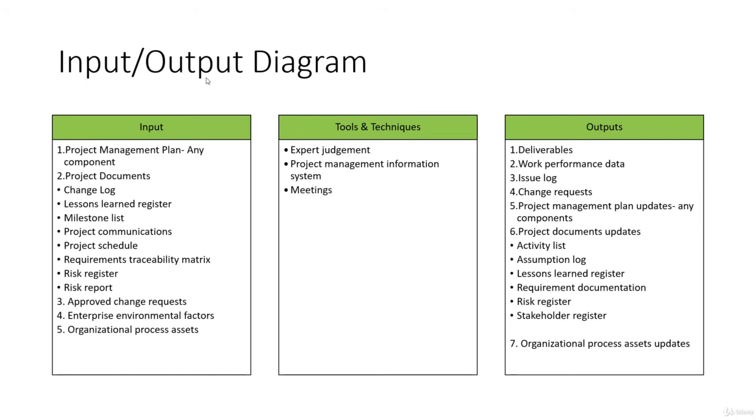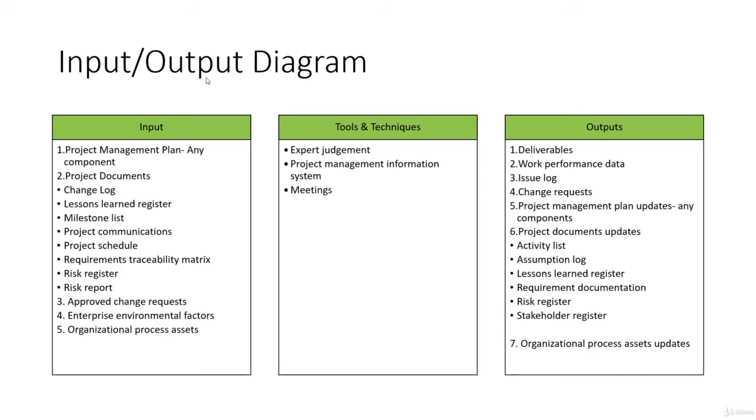Lessons learned register could come from previous projects. At the end of all projects, you have to perform this activity where you review the project, how it went well, what worked well, and what went bad, and their root causes. All of that will be input here as lessons learned.